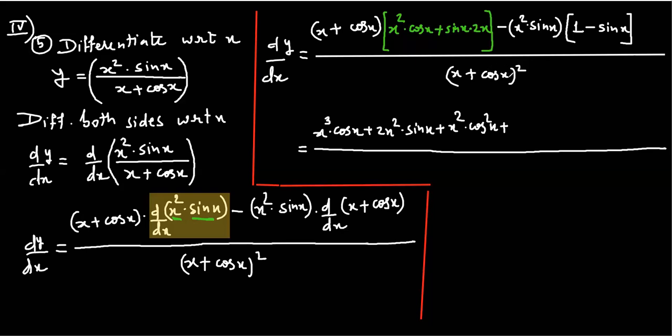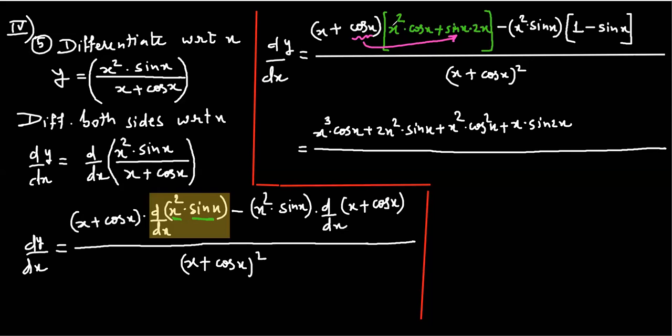plus, here I get cos x will multiply. So you will get x into 2 sin x cos x, that is sin 2x, x into sin 2x.